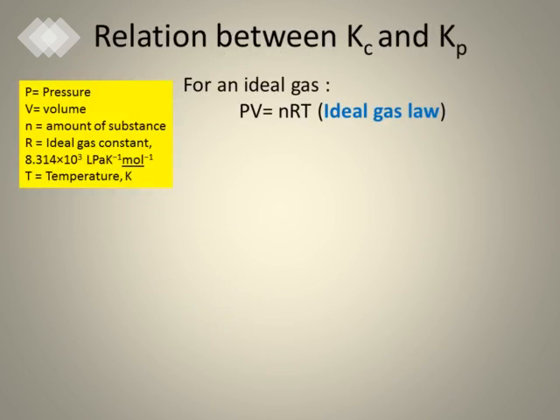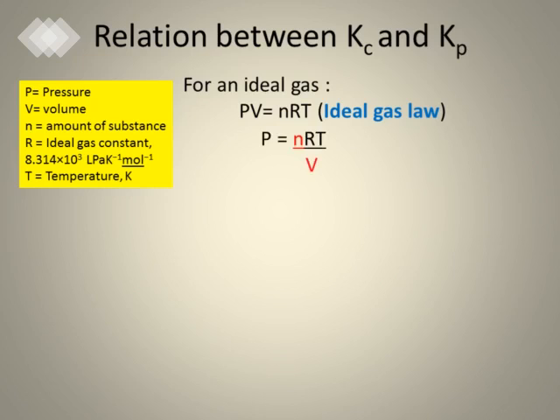For an ideal gas, we know that pressure is equal to the following equation, where V is the volume, n is the amount of substance, R is the ideal gas constant, and T is the temperature.